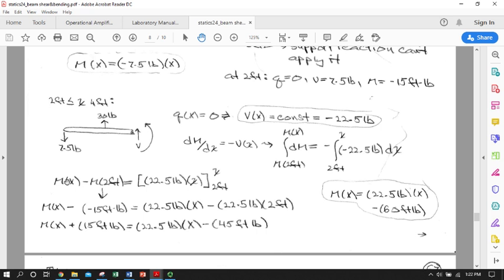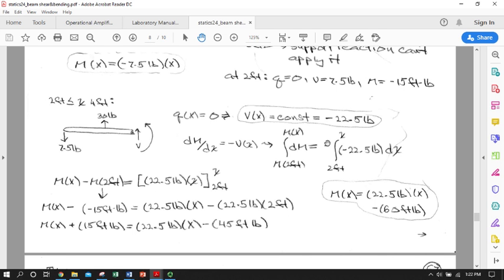So I look at the moment at x, minus the moment at 2 feet, and that was my negative 15 foot-pounds from previous. So I drop that right in. So M at x minus a negative 15 foot-pounds is the same as saying M at x plus 15 foot-pounds. Now I have, with the two negative signs, a positive 22.5 pounds.